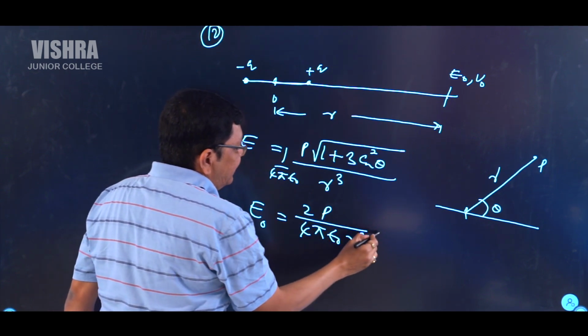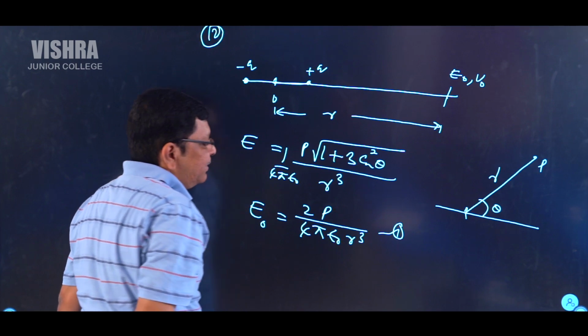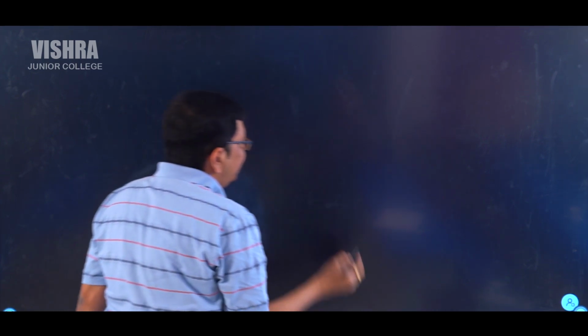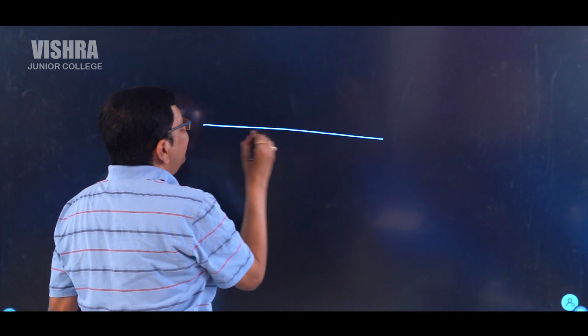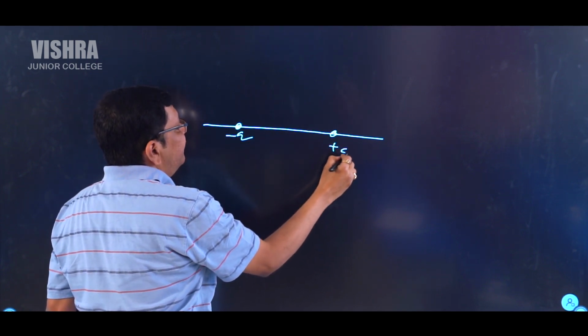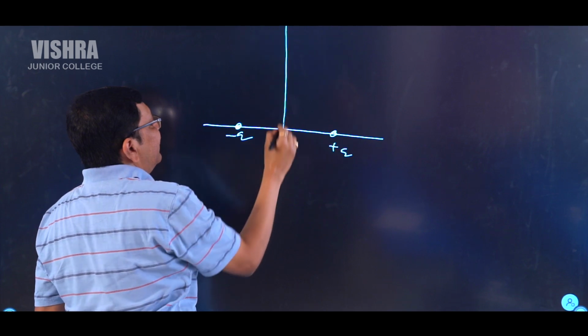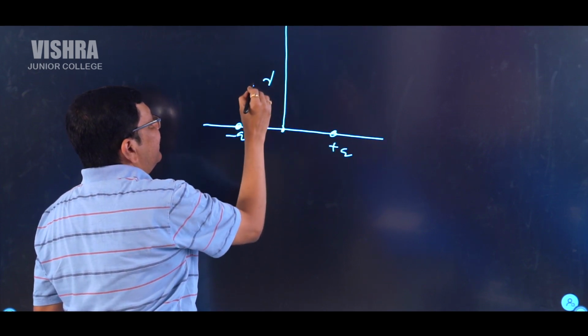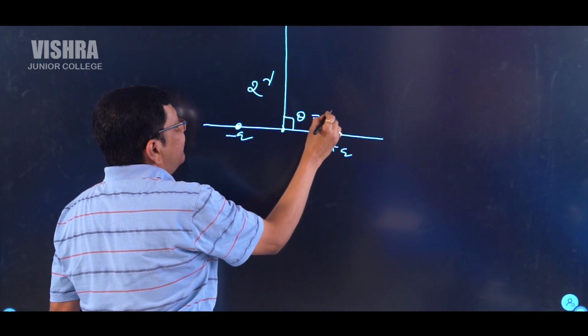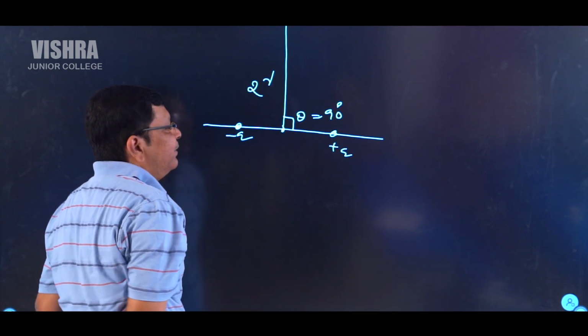He gave it as E naught. This is given. And what is he asking? He is asking for the electric field on the equatorial line of the dipole with minus q and plus q, along the equatorial line at a distance 2r. In this case, at the equatorial line, theta is 90 degrees.